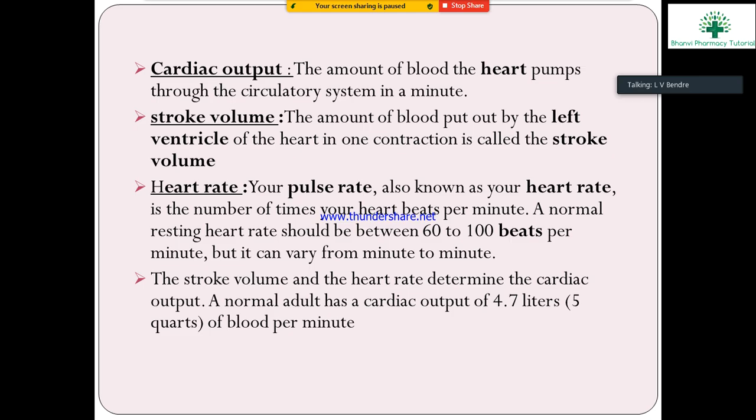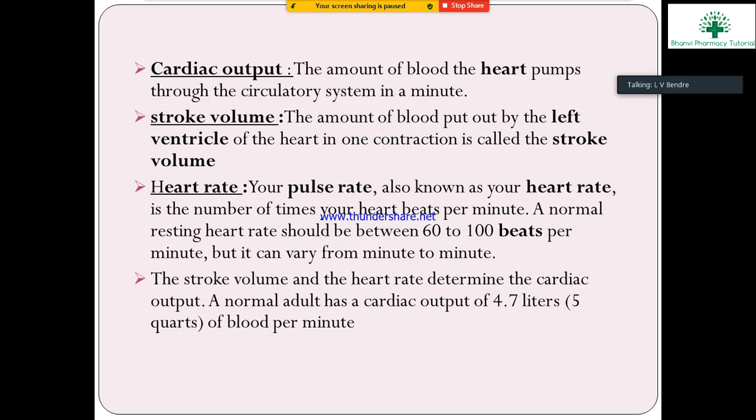Okay. Next, the stroke volume and the heart rate determine the cardiac output. Stroke volume and heart rate determine the cardiac output.